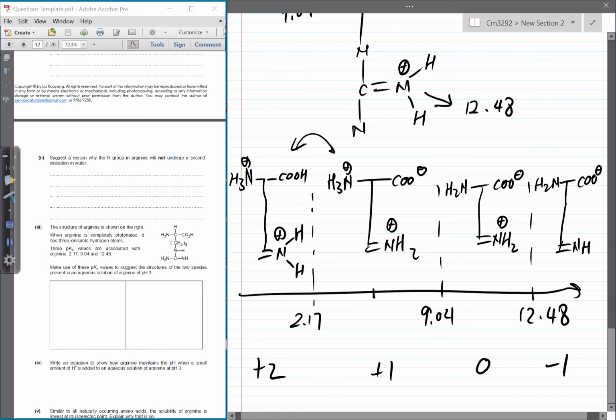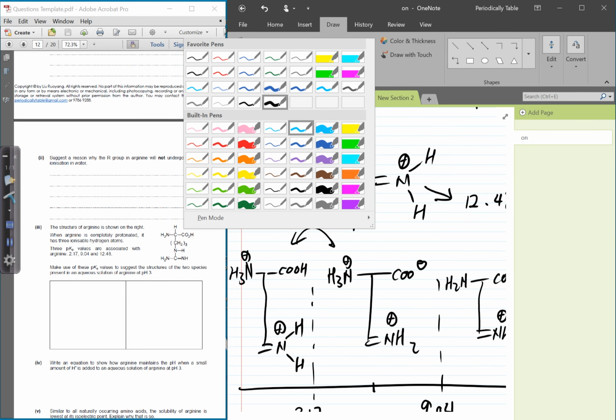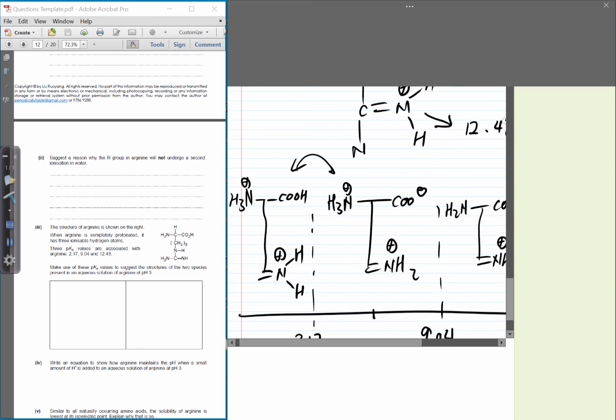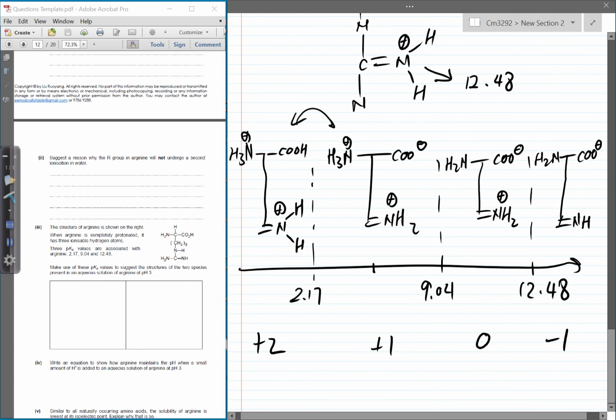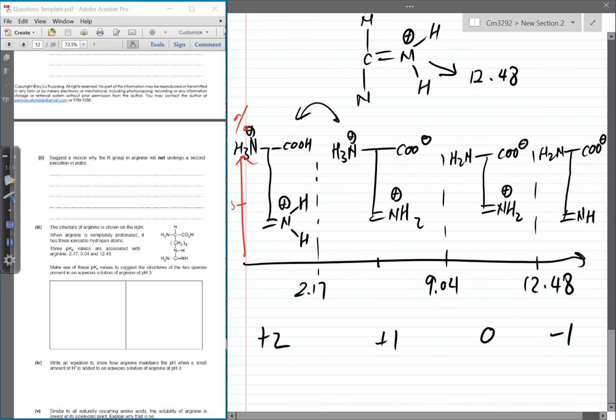Let's see, 50. If this is 100. I draw using a color. Okay. So if I draw the proportion percent, if let's say this is 50%, midway 50, we know that at this point we are going to have 50% of this, 50% of this.